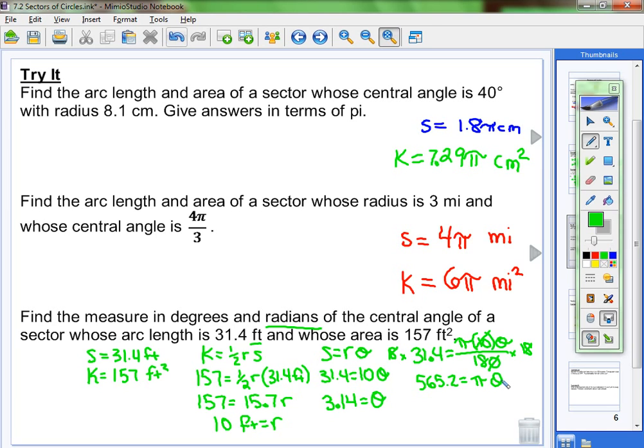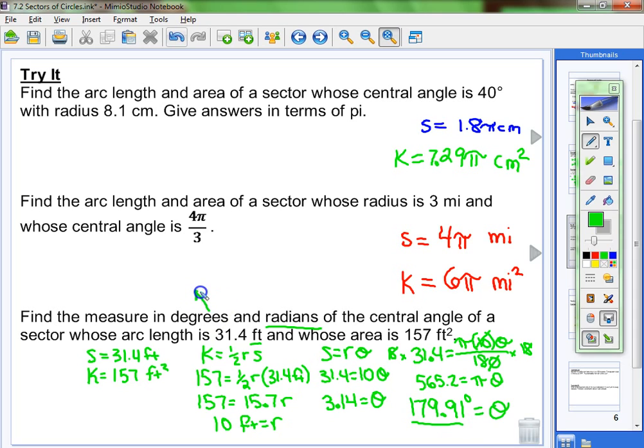When you divide by pi, preferably using the pi button on your calculator, you will get 179.91 degrees. Like I said, it is very close to 180. You could even round it to 180.